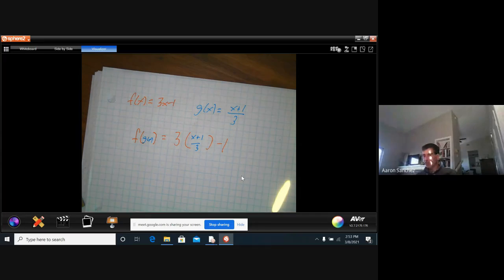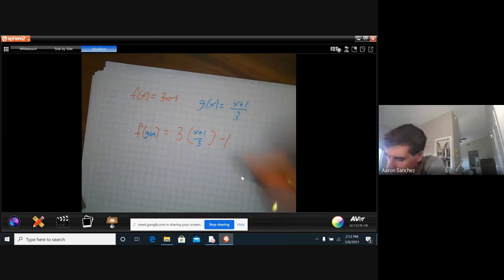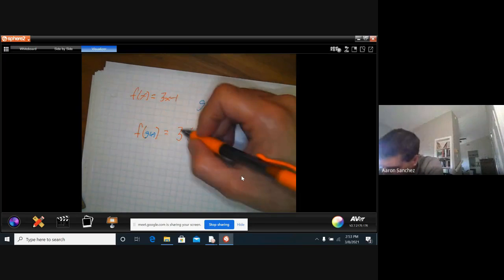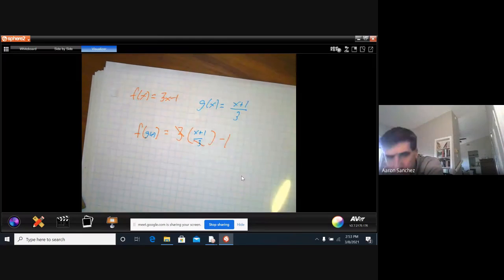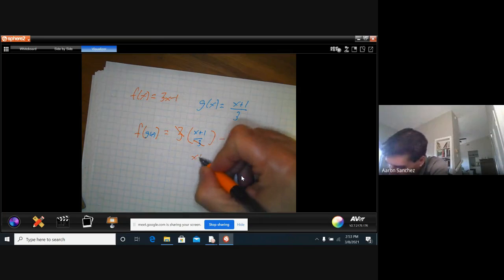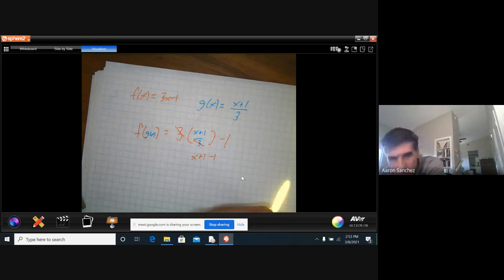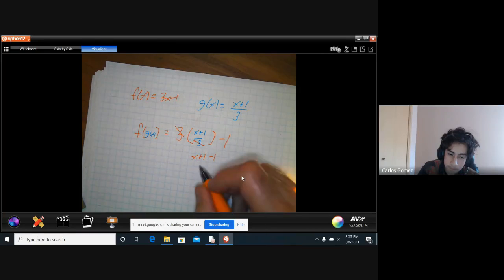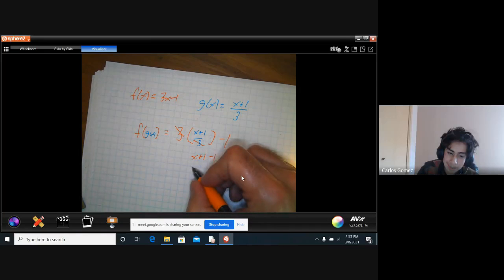Now let's simplify. So 3 times x plus 1 over 3, guess what? Those 3's cancel out. Okay? So this ends up being what's left over? X plus 1 minus 1. Now, what is 1 minus 1? Zero. So it's just X.